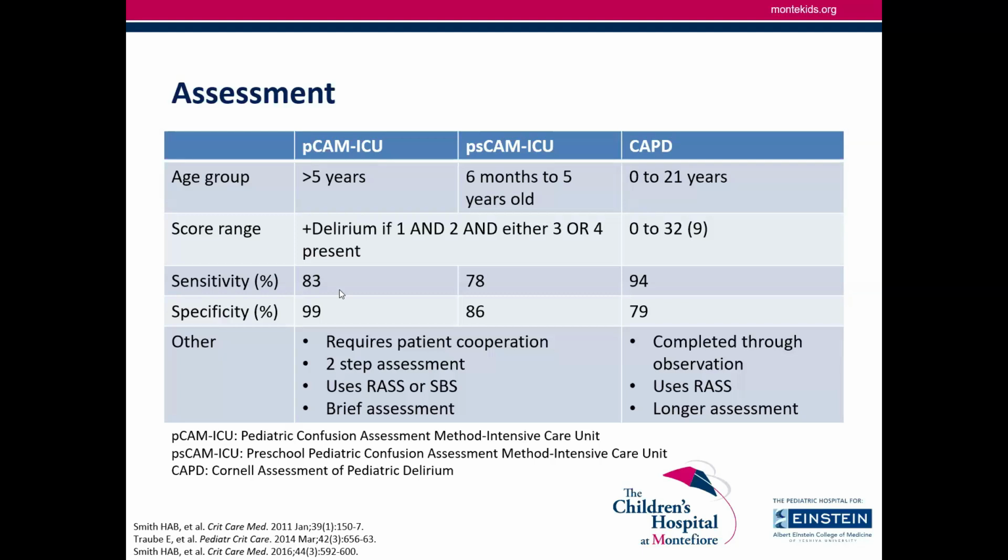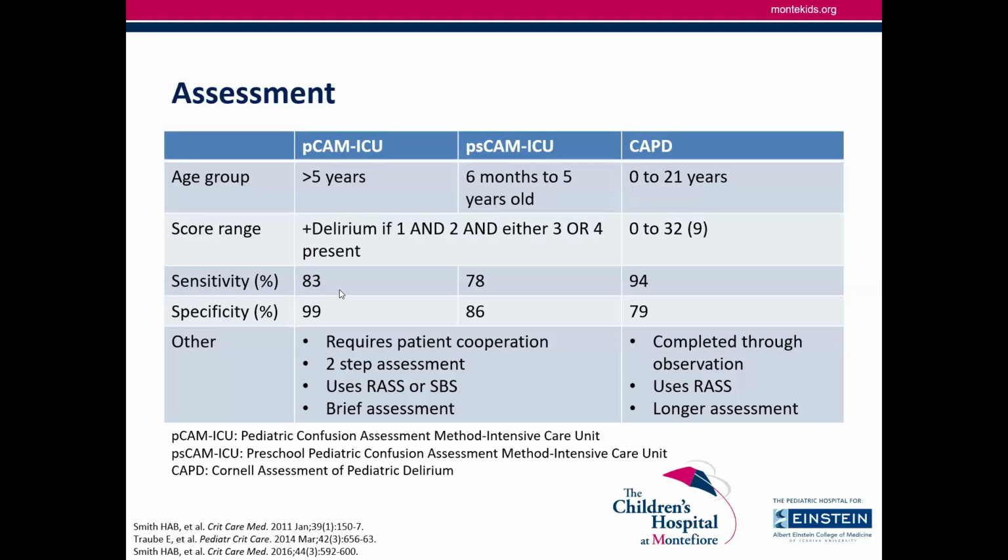And the CAM-ICUs, whether it be the pediatric or the preschool, they both utilize the RASS, the Richmond Agitation Sedation Scale, which is the validated sedation scoring tool in adults, or the SBS, the State Behavioral Scale, which is a validated sedation scale used in pediatrics. The benefit of this assessment tool compared to the other one, which is the CAPD, is that it is a briefer assessment. There are only 4 parts. A patient would score positive for delirium if they were positive in parts 1 and 2, and then either 3 or 4.